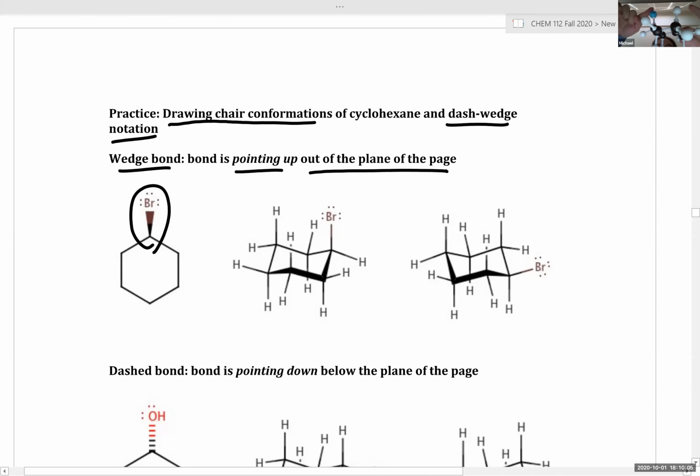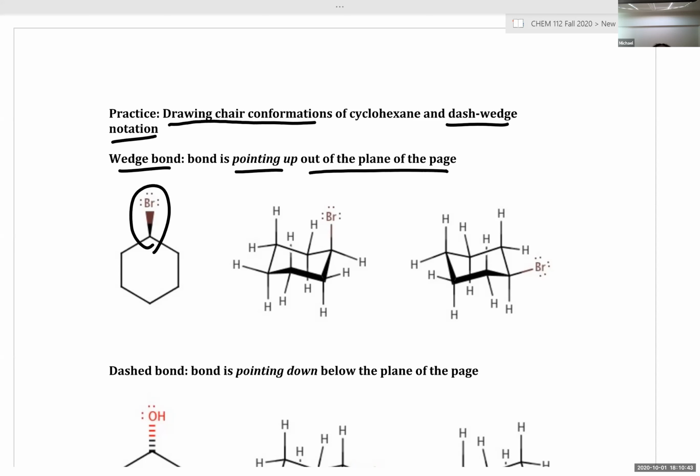So looking at our bromine in this chair conformation, is this bromine pointing up or down? It's pointing up, exactly right. So to showcase this and to match this with the model that we have, let me set my cyclohexane in the right arrangement.